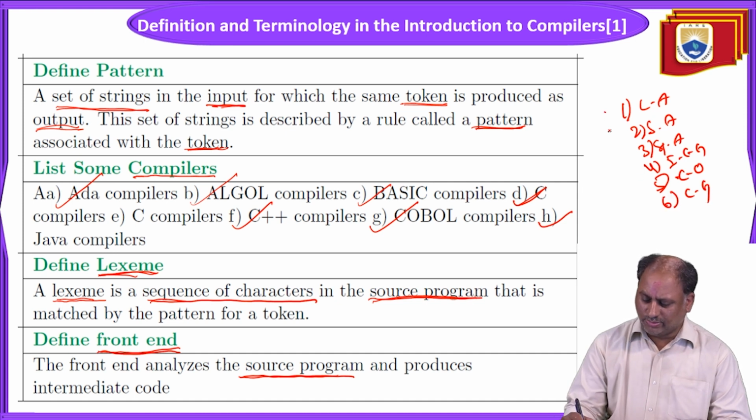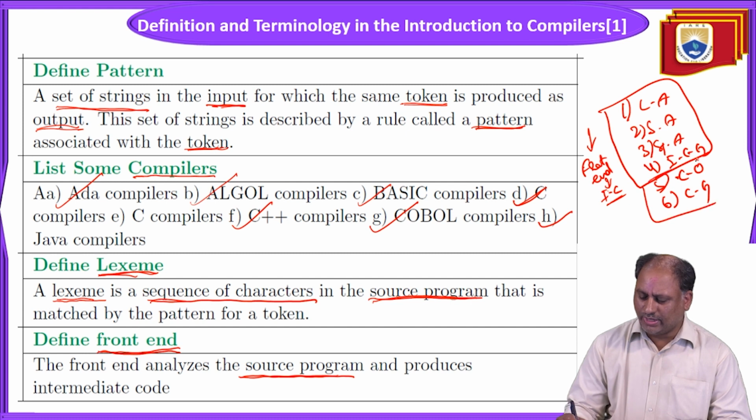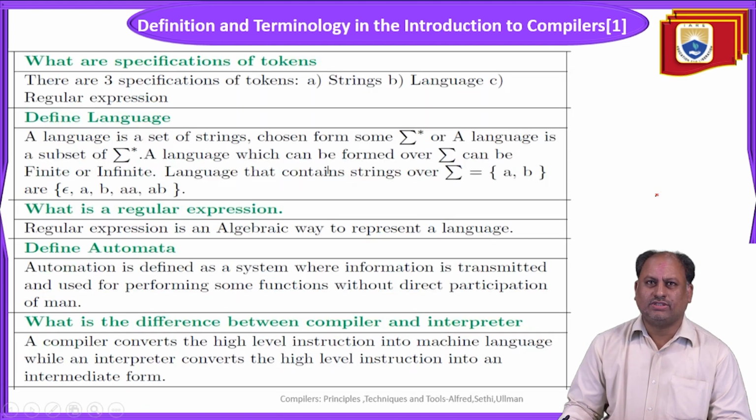Now the first 4 phases together are called the front end of the compilation process, where the input for the front end is a source high level programming language, and the output is intermediate code. Whereas the back end of the compilation process consists of code optimization and code generation. So here the back end input is the intermediate code, and the output is from the code generation phase.